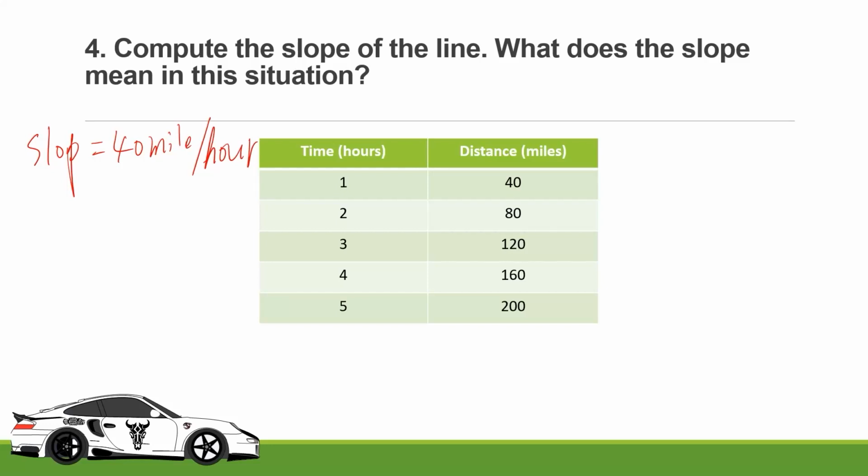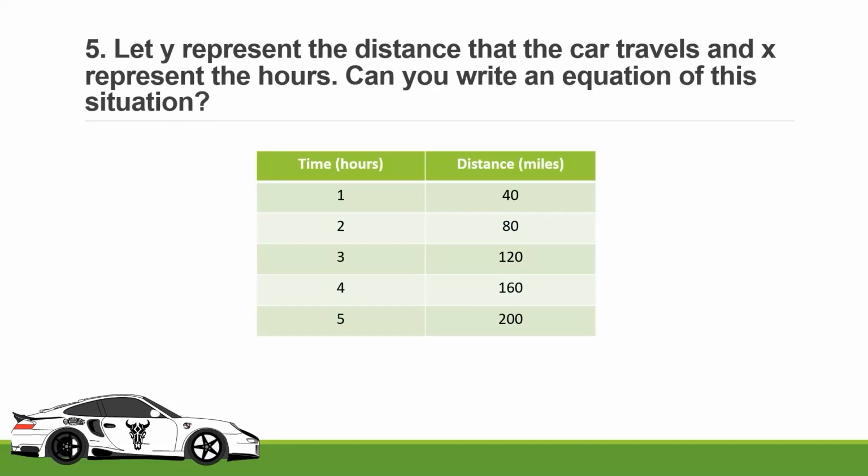Remember at the beginning of the class, we talked about the driving panel. From the driving panel, we can learn about the speed of a car. So the slope here is the speed, because this car travels at a constant speed. So here the speed is 40 miles per hour.